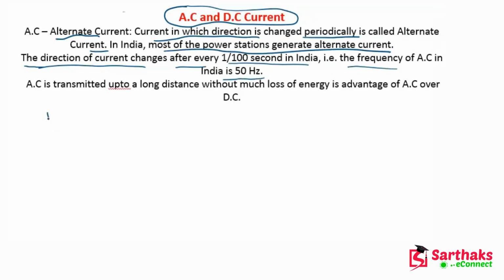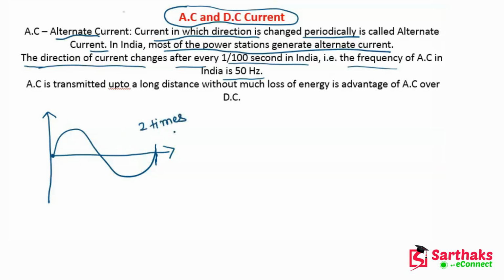So basically guys, let me draw the diagram of AC. So this is the diagram of AC. This is your AC current. You can see that in one rotation this current changes its direction two times.